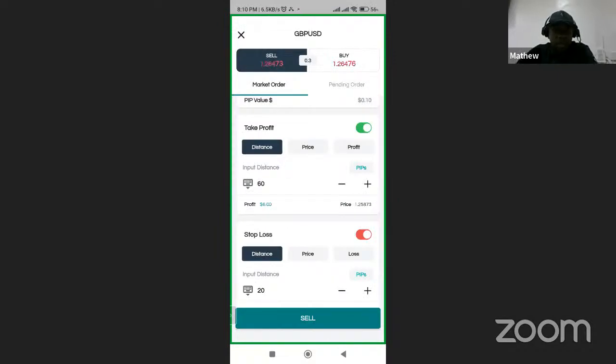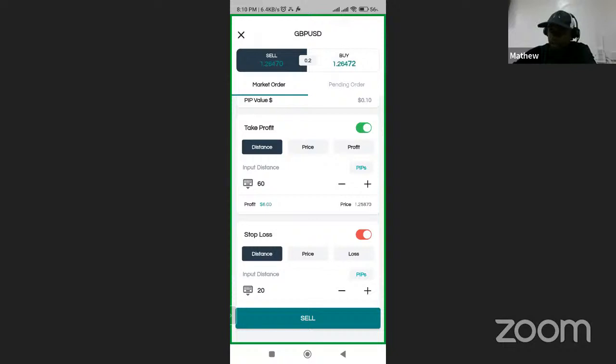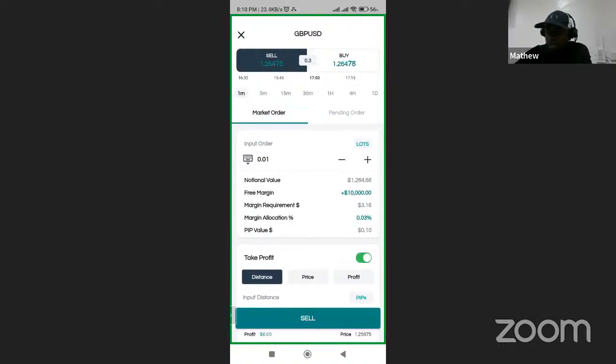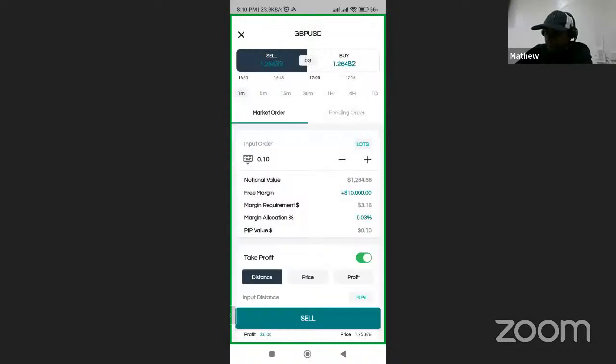So you're able to see that once you have that, if your target is hit at 60 pips, then you'll have $6. If your stop loss is hit at 20 pips, then you'll take a loss of $2. So once again, if you increase this lot size, let's say you use 0.10, then the same should change.